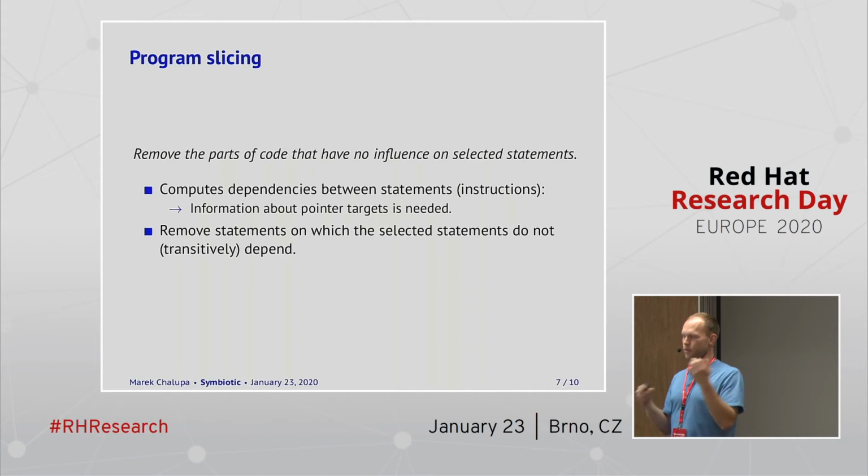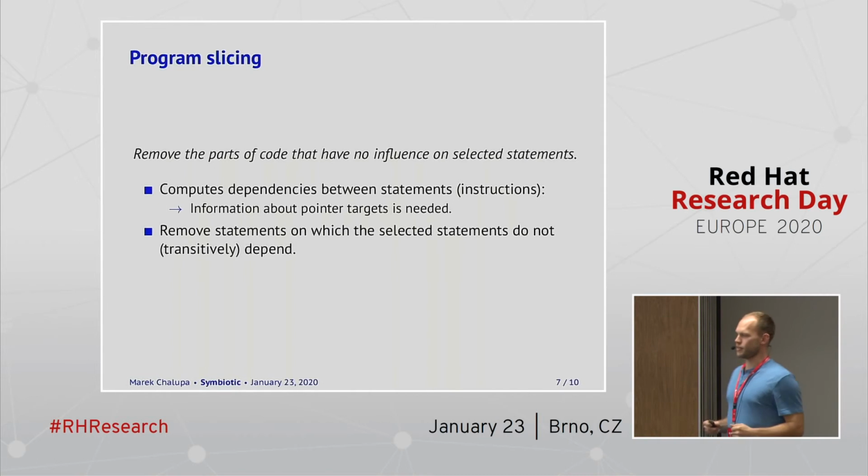So let's say we have an if statement and something is executed only if this if statement is true, then there is this control dependency. Once we compute all these dependencies, we can check on which statements the possible error location is dependent, and we remove the rest and keep only those dependent statements.